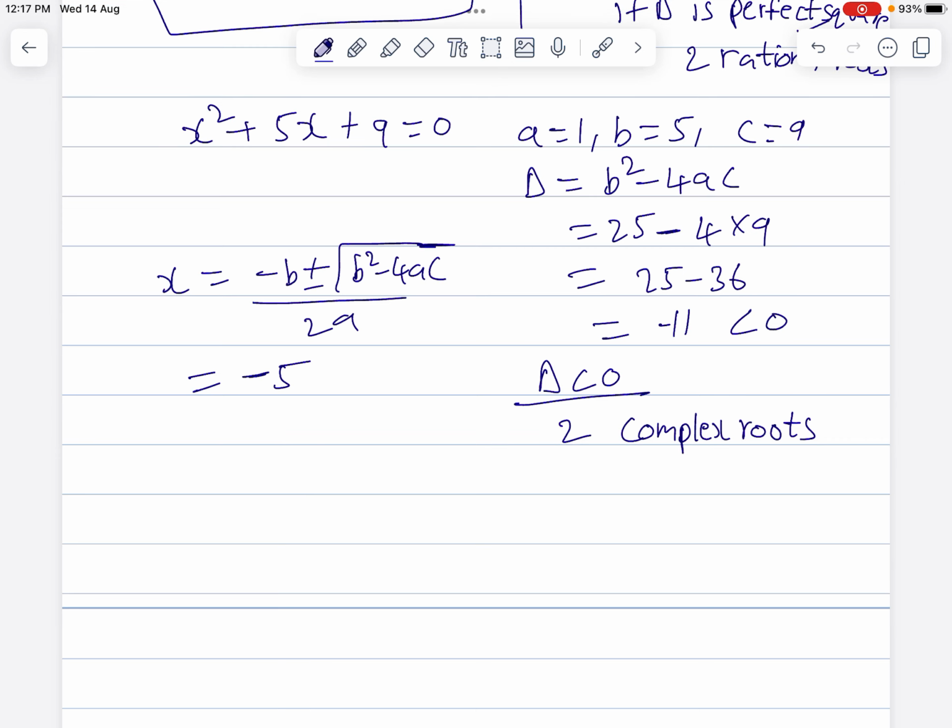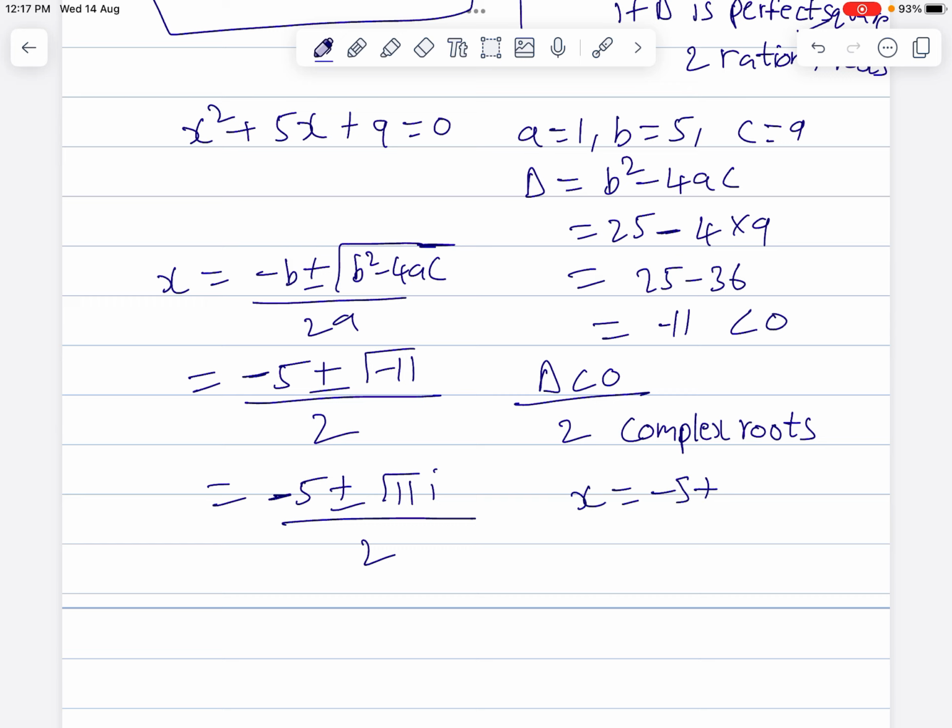Minus 5 plus or minus root minus 11 by 2. Which is nothing but minus 5 plus or minus root 11 i by 2. So one root is minus 5 plus root 11 i, another root is minus 5 minus root 11 i. Okay.